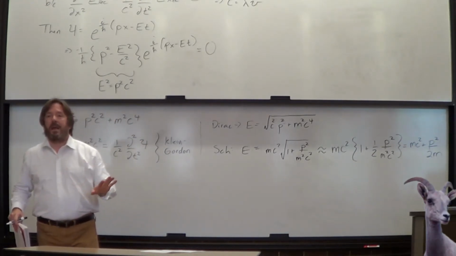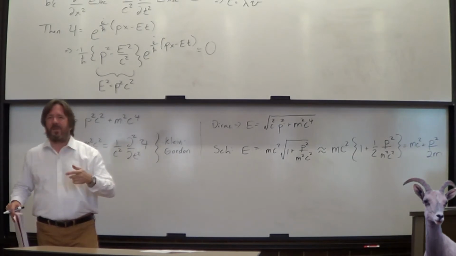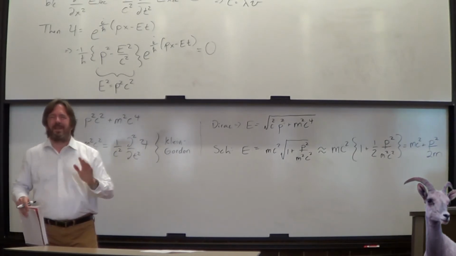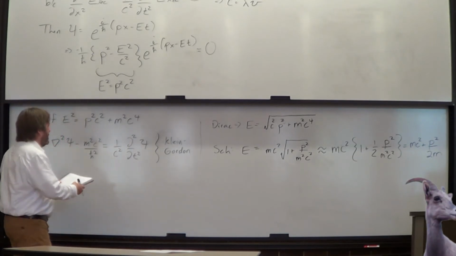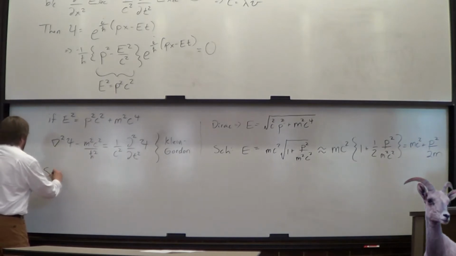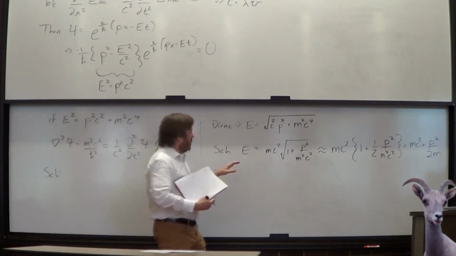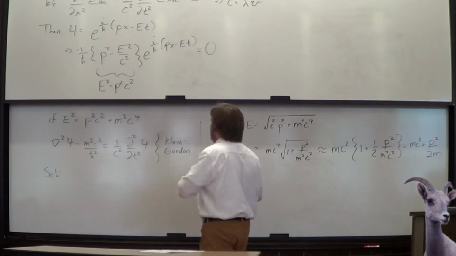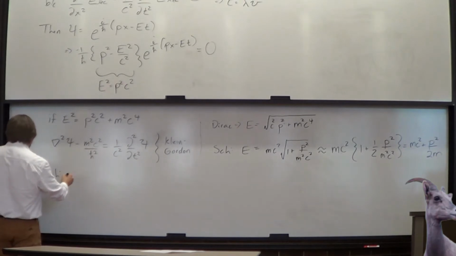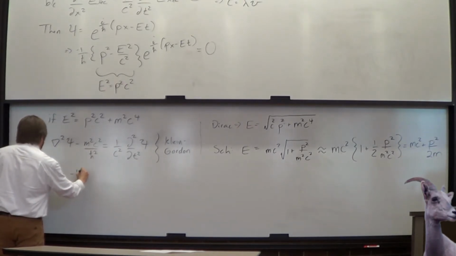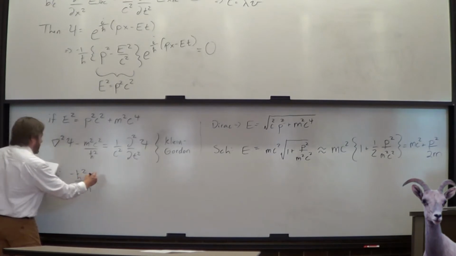I'm sure I could write it out and really get it, but it's kind of a pain. So I'll post the paper, but let's just say that if you work with E instead of E squared and you fit that into here, then you get the Schrodinger equation. And I'll add potential. So here's momentum squared over 2m.